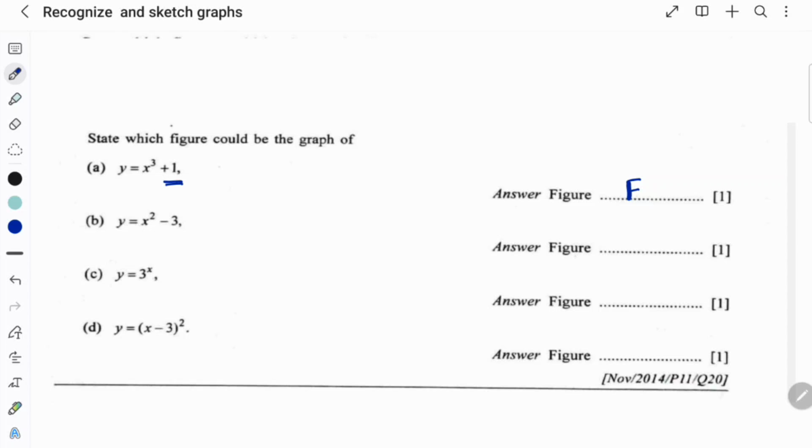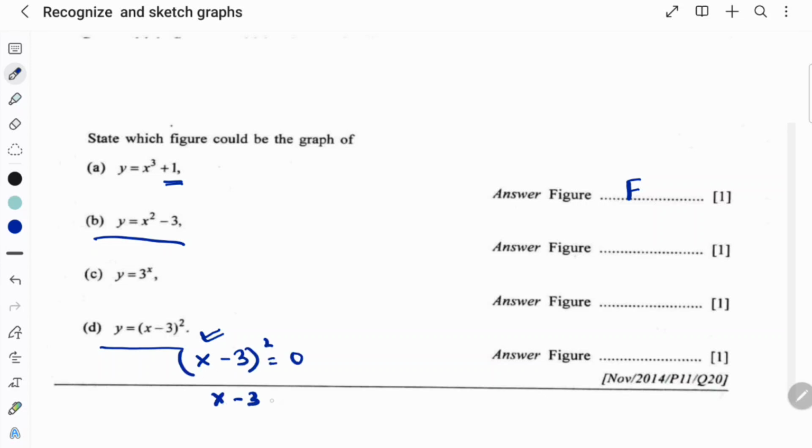Now the part B, x square minus 3. X square minus 3 means a quadratic equation, and it will open upwards. There's a lot of difference between x square minus 3 and x minus 3 whole square. Here you can see it's a repeated root. So x minus 3 whole square will have just one answer. Like for example, if you want to know where it is intersecting, x minus 3 whole square is equals to 0.